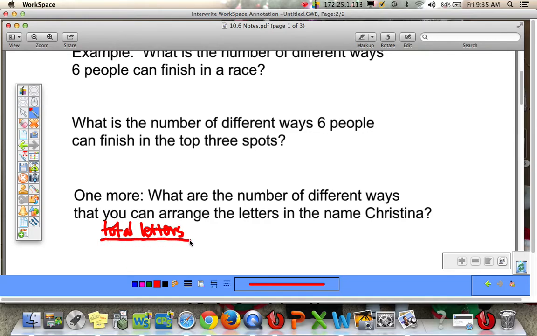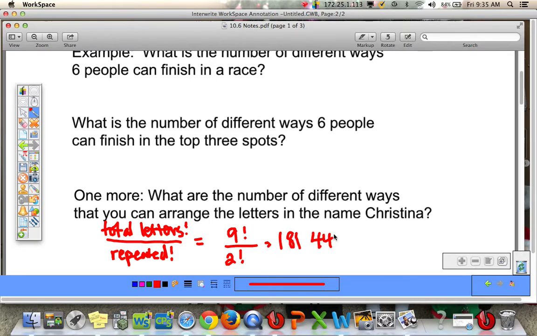So here it is going to be the factorial of the total letters over the factorial of any repetition, so 2, or anything that's repeated. So the number of different ways to arrange this one would be 9 factorial, the total letters, over 2 factorial, since the I is repeated twice. And if you do that, there's 181,440 ways to rearrange the letters in the name Christina.